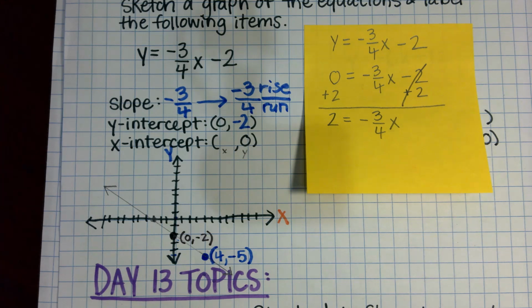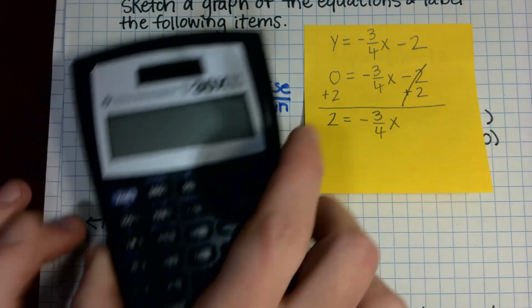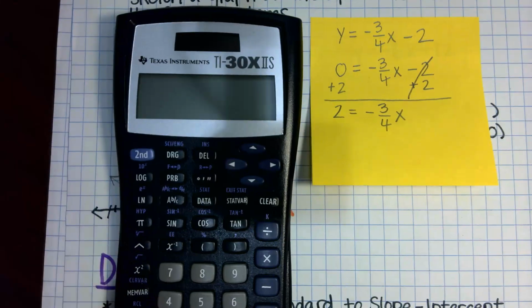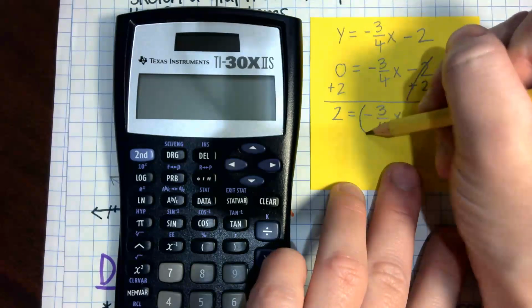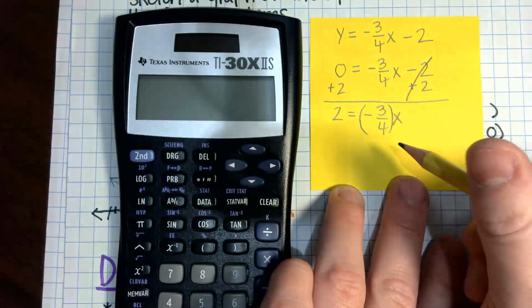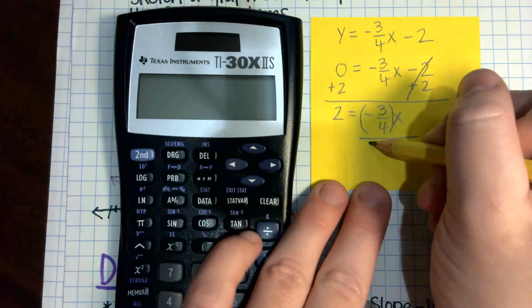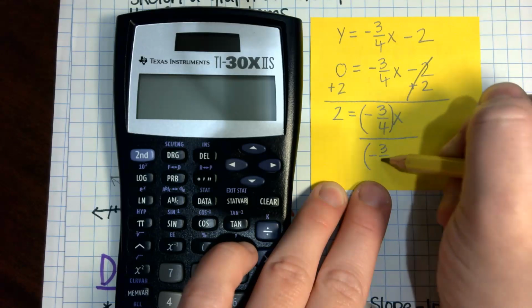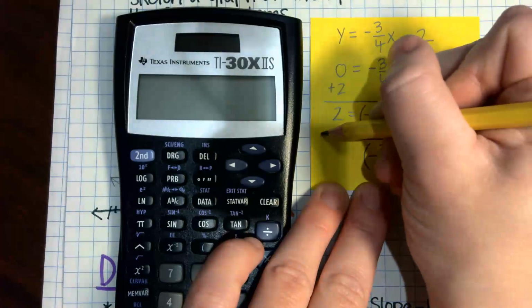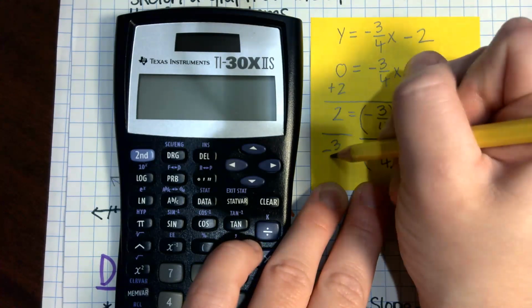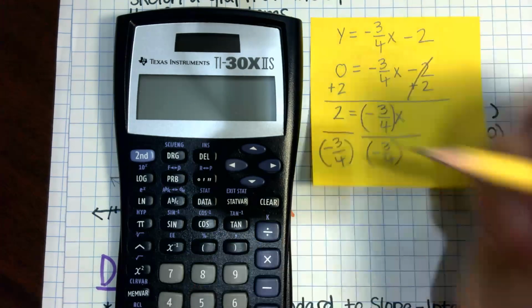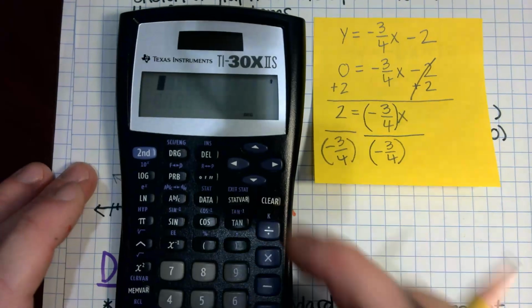by -3/4. Yes. So let me show you how to do that on your calculator so that we don't get lost. So we have a negative 3/4 times x. To get rid of that, we would divide by negative 3/4. And we do that to both sides. And here's how I'm going to type that in.